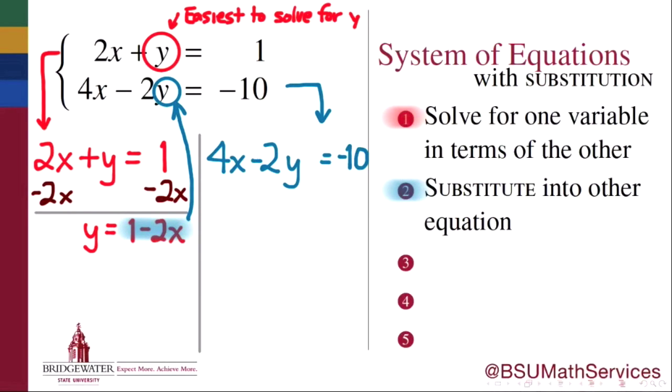Because 1 minus 2x has multiple terms, it has two different additive terms, don't forget to surround your substitution with a set of parentheses. So in place of y in the second equation, I'll fill in an empty set of parentheses and then insert 1 minus 2x in that set of parentheses.